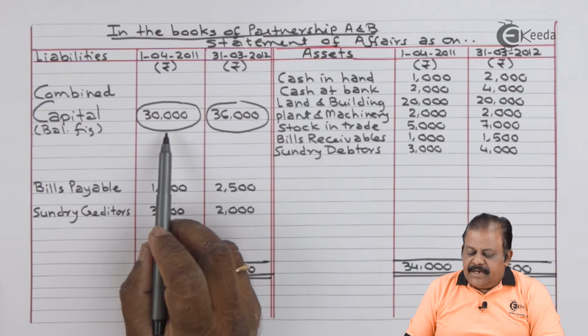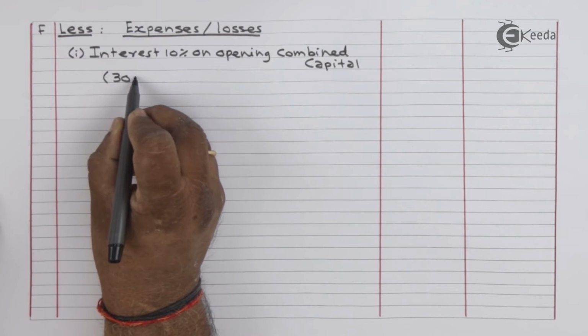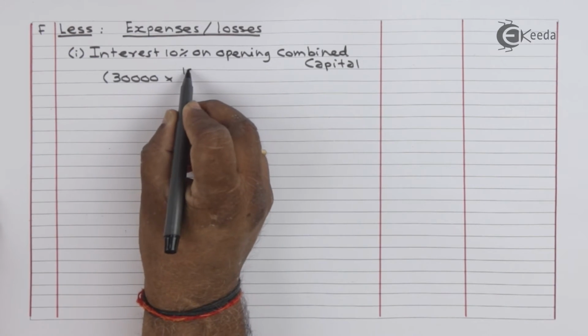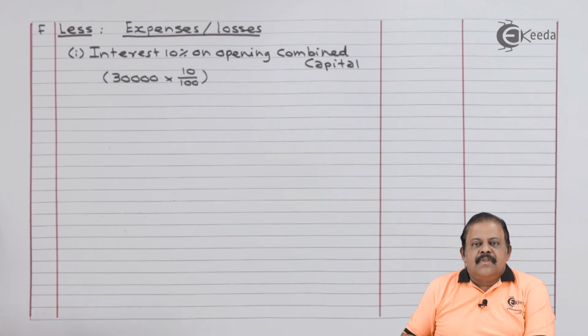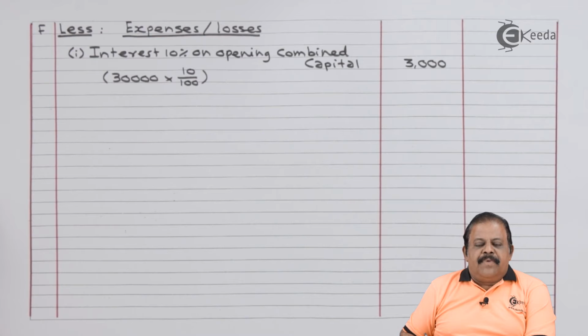Opening combined capital we have 30,000. 10% of 30,000. Interest on capital is 3,000.